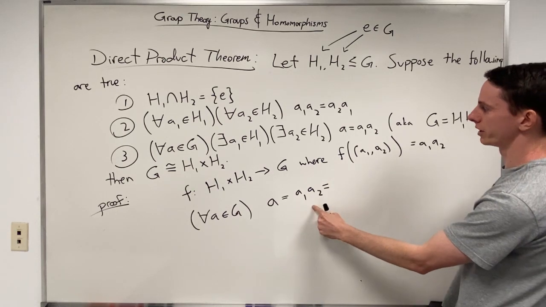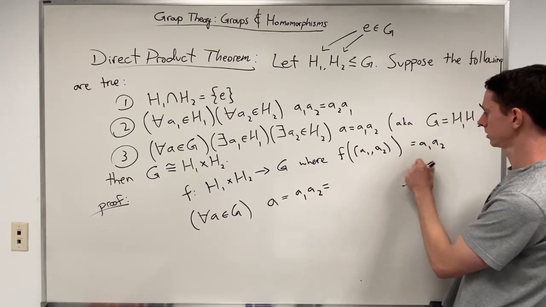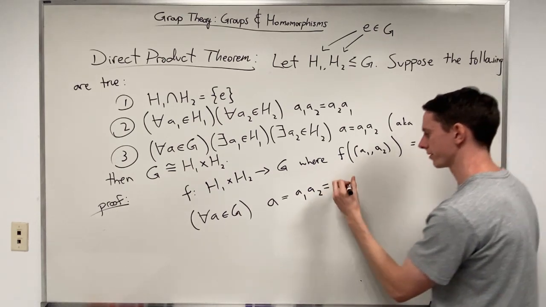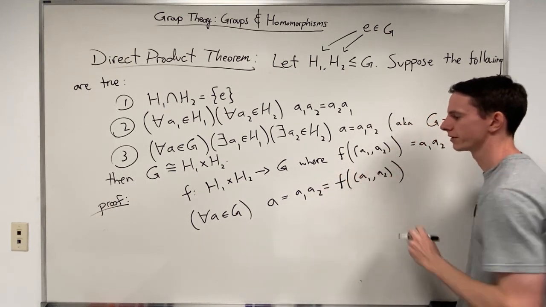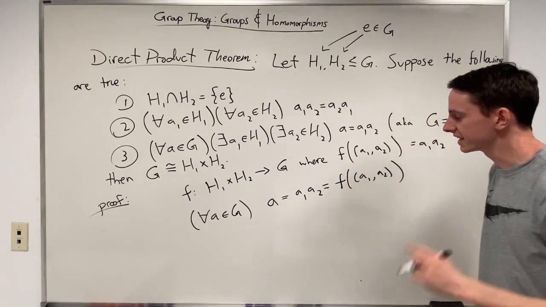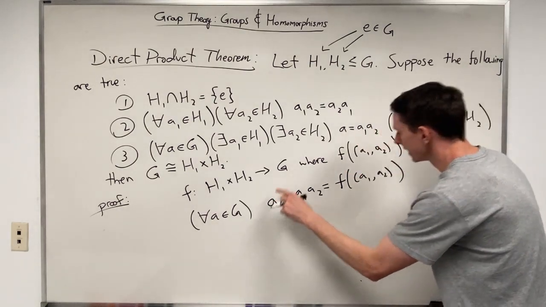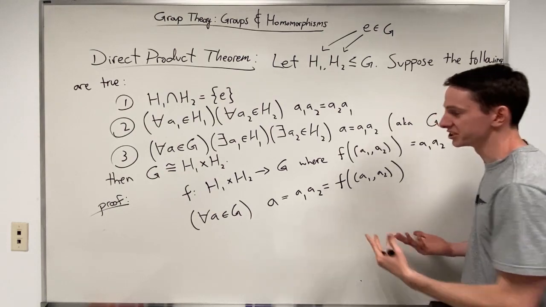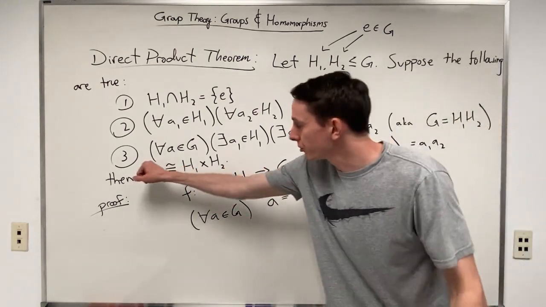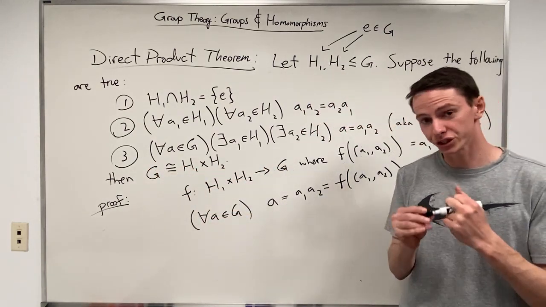Another way of writing A1, A2 is this condition right here: f of A1, A2. So what we are saying is that every element of the codomain gets mapped to by some element of the domain. By definition, this is what it means. Condition 3 tells us what it means for a function to be surjective.